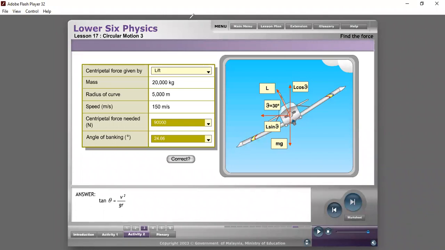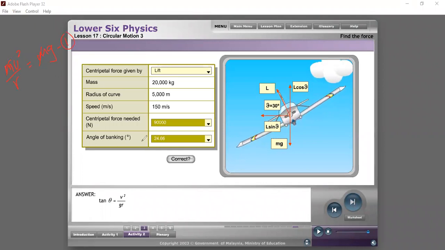So this method is like that: mv squared over r is actually equal to force, right? mg. This is the first equation.